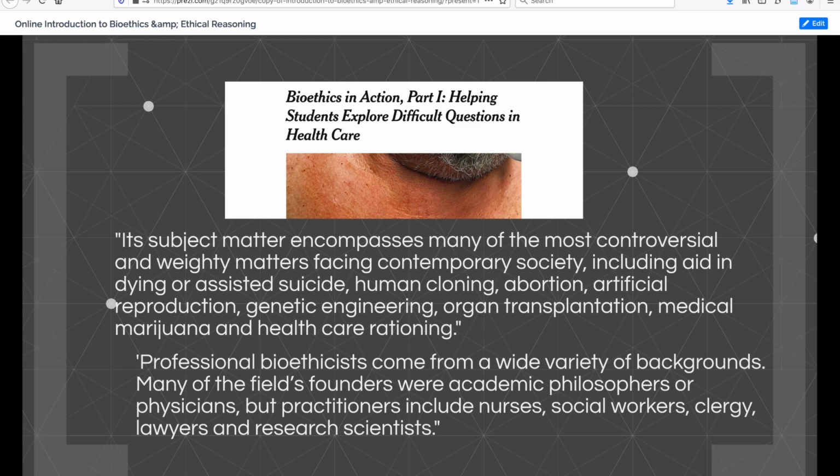The list goes on and on. So, in addition to bioethics having this large swath of topics under its umbrella, it also draws from several different fields as well. And that's important to note as we move forward.